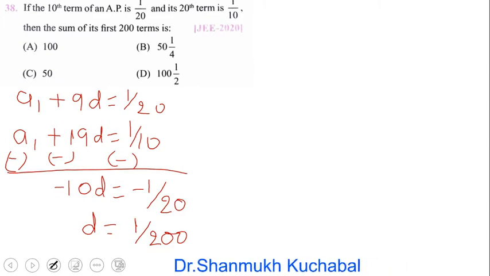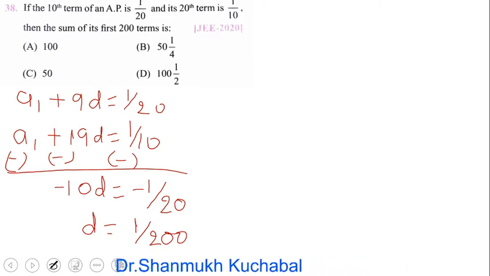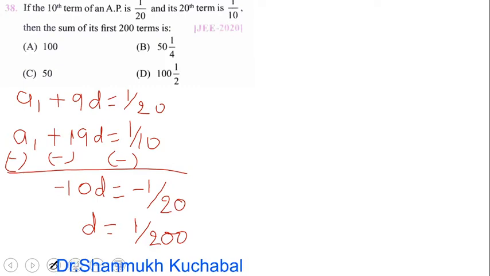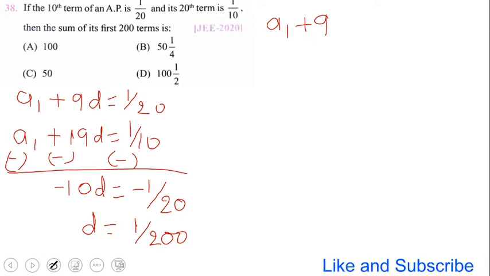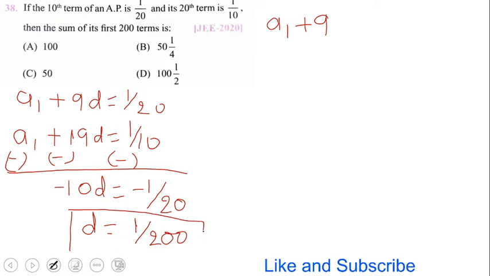After that we have to find the sum of our first 200 terms. So D we have calculated, now we will calculate what A is.